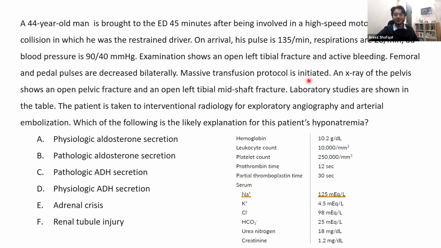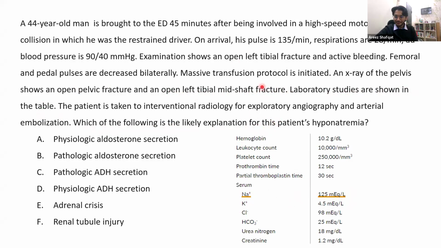A massive transfusion protocol is initiated. An X-ray of the pelvis shows an open pelvic fracture and a left tibial fracture. Laboratory studies are shown in the table. The main one is highlighted here. He has a sodium of 125 milliequivalents per liter, or he has hyponatremia. Which of the following is the most likely explanation for this patient's hyponatremia?